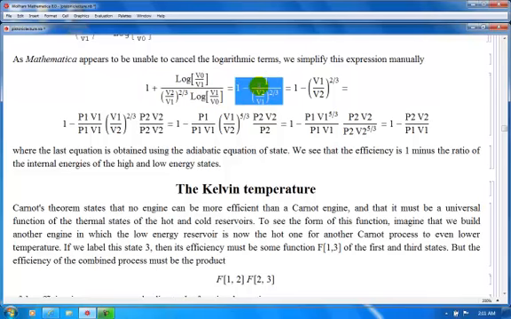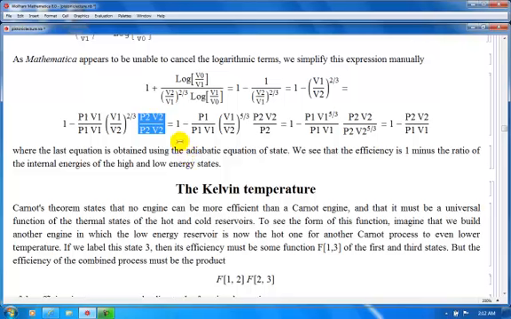So the result for the efficiency is that, which is 1 minus this. That's equal to 1 minus, and now we multiply on the left by P1 V1 and divide by P1 V1, and on the right we do the same thing with P2 V2 here.